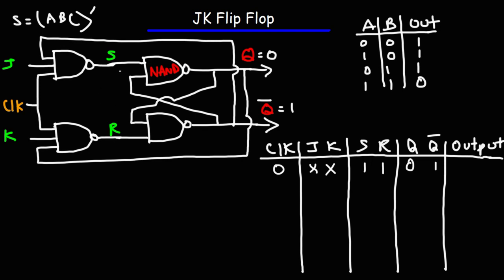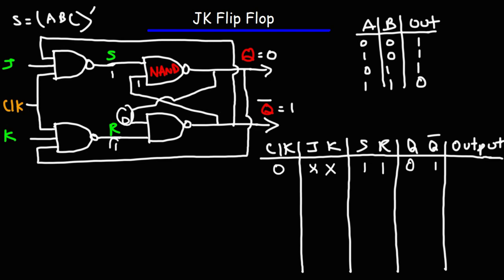Now, what happens when S and R is 1? In this case, when S and R have these values, the output is not going to change. Q is 0, so that follows the input here. This is 0. Q bar is 1, so that follows the input there.